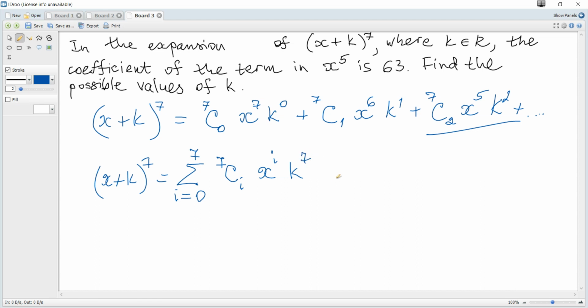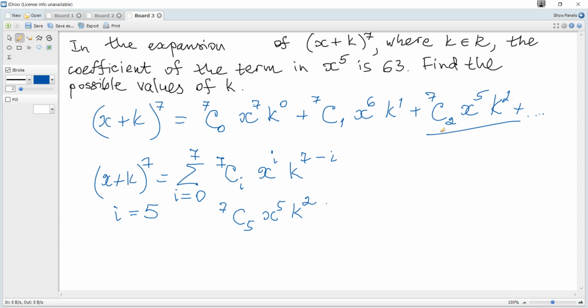And since we need x to the power of 5, we consider the term for i is 5, and it's combination 5 out of 7, x^5, k to the power of 2.